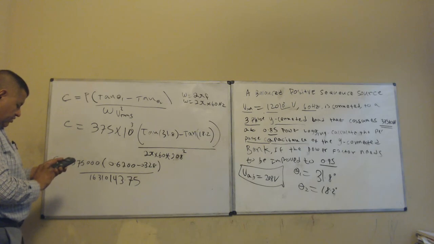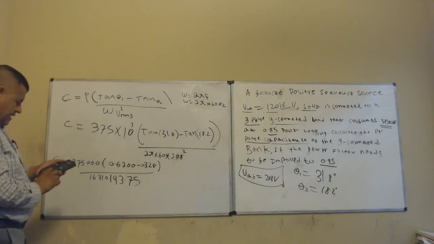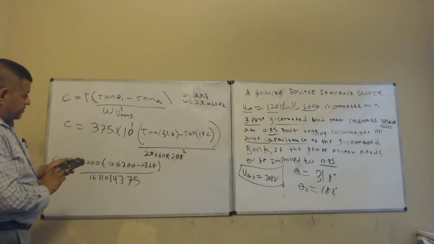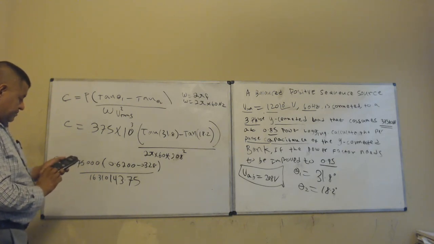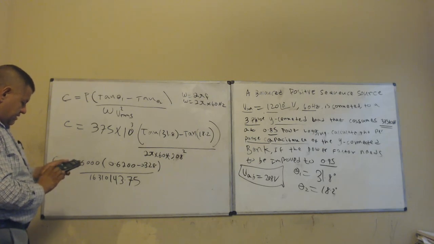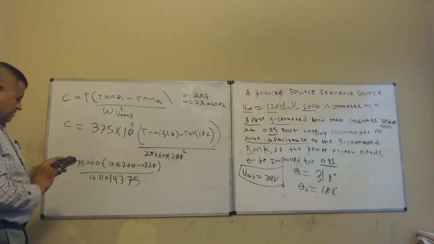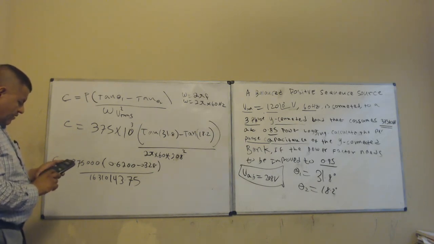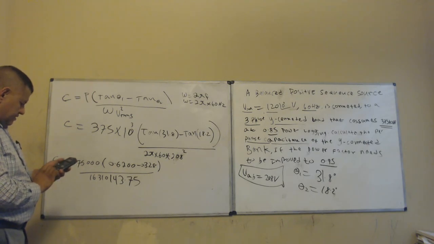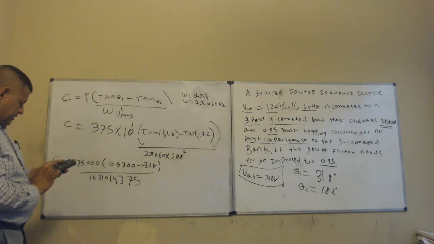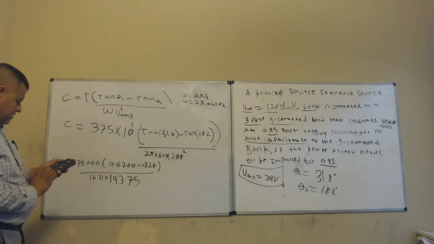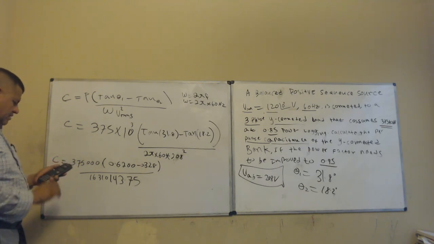So 0.62, 0.328, right? Times 375,000, and then we take that and divide it by 16,143.75, right?